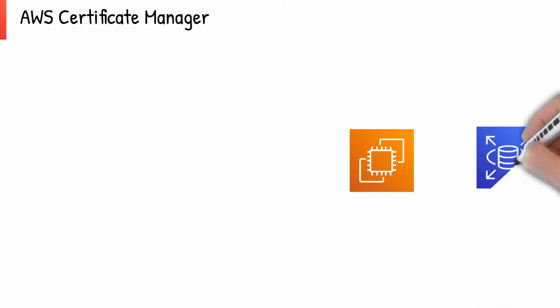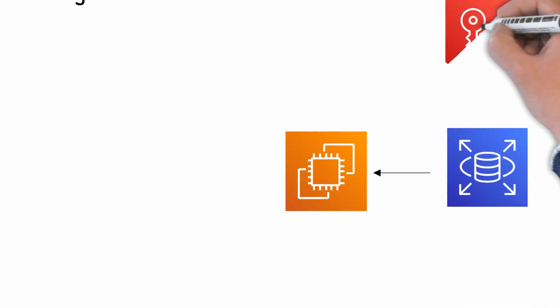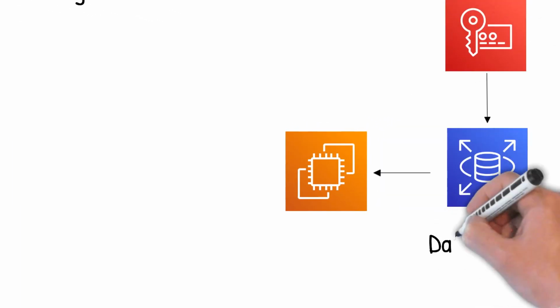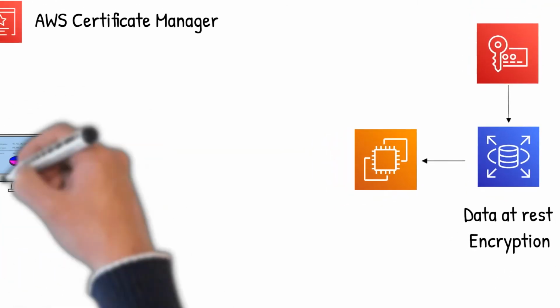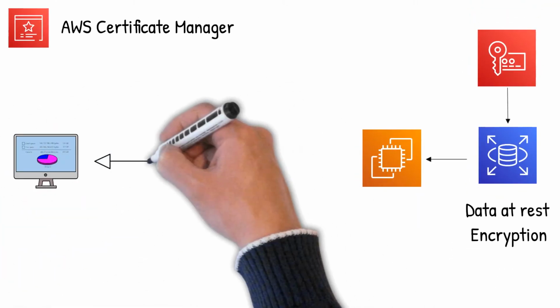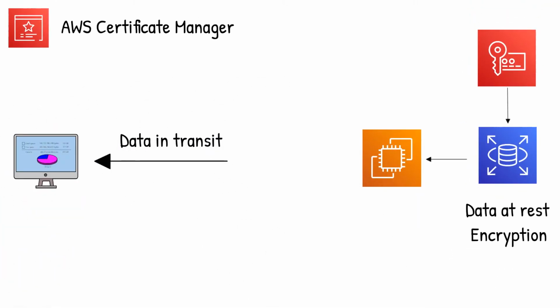AWS Certificate Manager. We have seen already how KMS is used to protect data at rest by encrypting sensitive information. But the data needs to be decrypted before sending it over the wire.